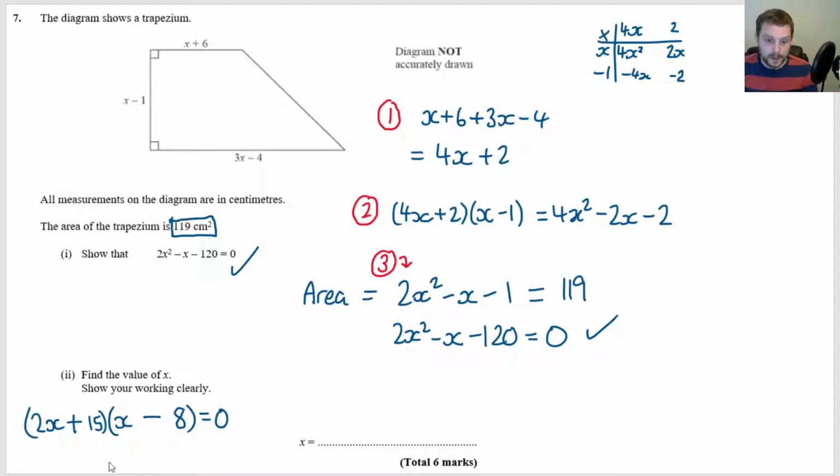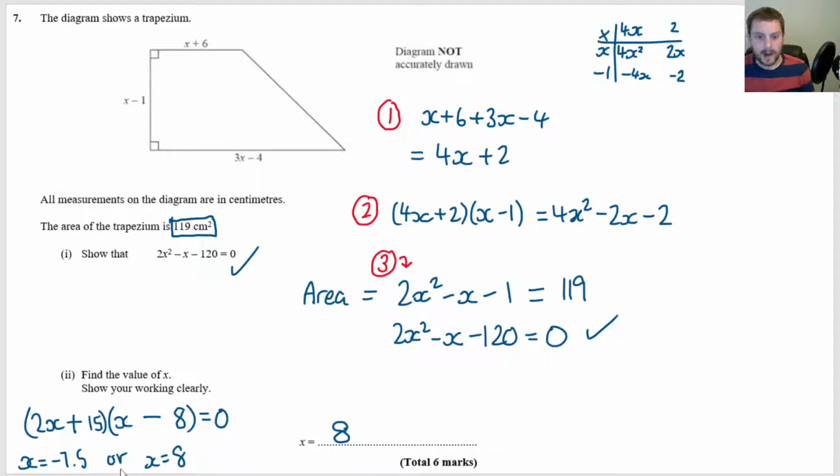Now, this means that either x is minus 7.5 or x is 8. But if you have a look, x take away 1 is the length of a side. So x can't be minus, so x has to just be 8.